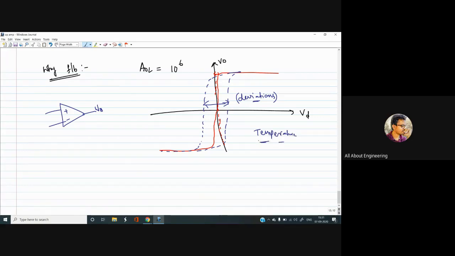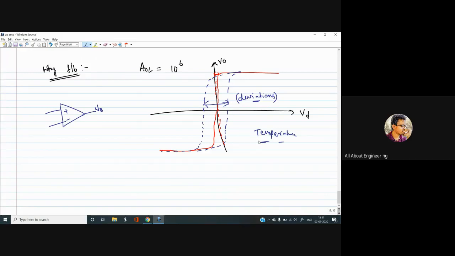Now, what scientists thought is, even though this is such a beautiful device, it is of no use since the transfer characteristics of this device are not stable. They are continuously fluctuating, and integrated circuit or chip design is not meant to place such unstable components.